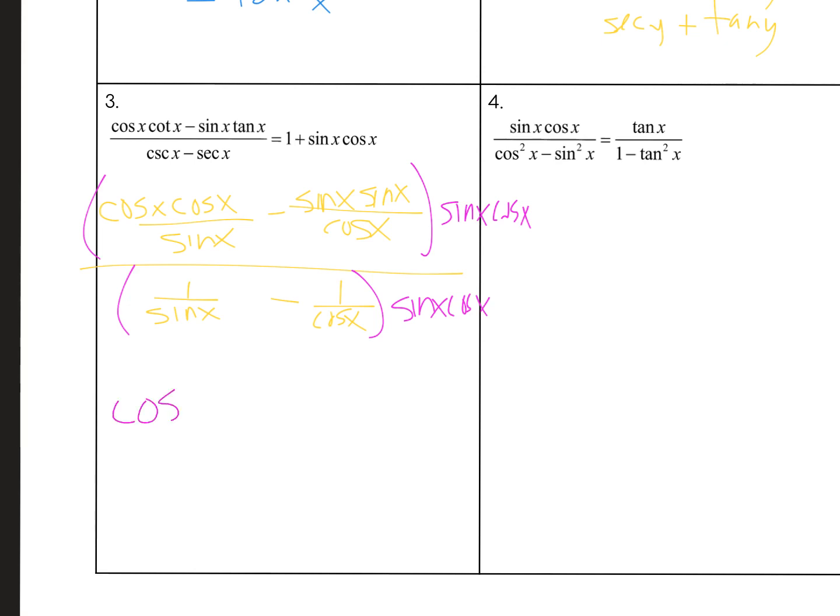But I don't want to write it that way. I'm just going to write it cosine squared times cosine, because I don't know if that's helpful. We'll find out. And then same idea on the next one. That's going to be sine, sine, sine, so that's sine squared times sine. I don't know where I'm going, so I'm going to just write it like that. When I distribute on the bottom, the sines are going to reduce, so that's cosine minus sine.